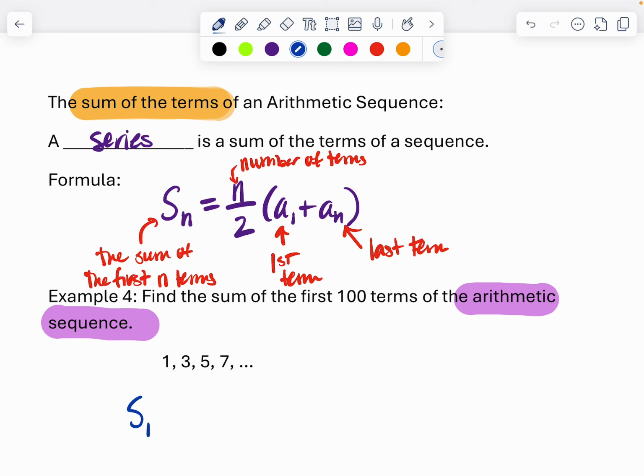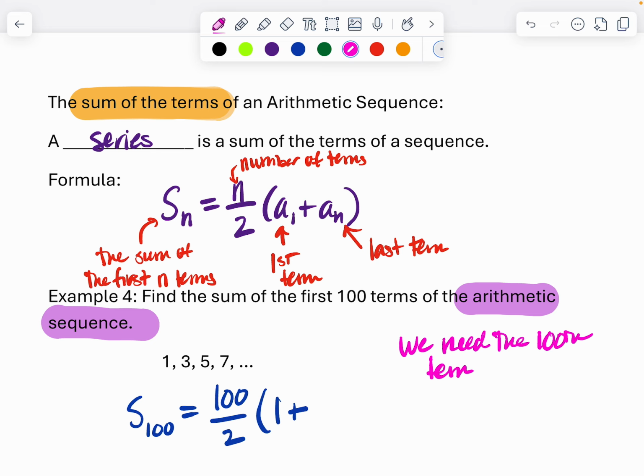We want to find the sum of the first 100 terms. So n equals 100, so we're going to go 100 divided by 2. And then we are going to do the first term, which is 1, plus, we need the last term. So we've got to figure that out, right? We don't know what the last term is. We've got to find the 100th term.